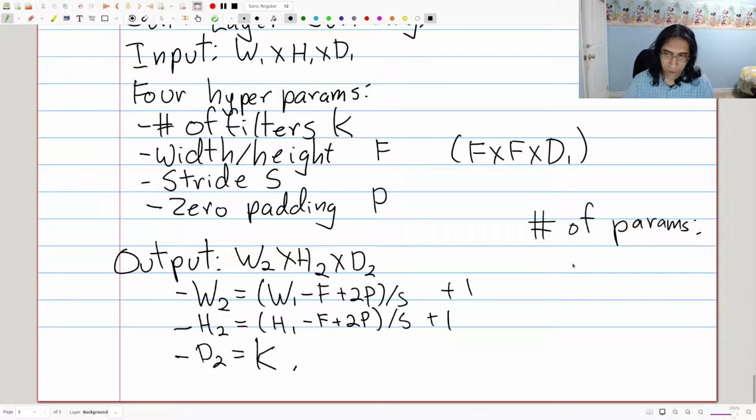It's not too hard to see, because there are k filters, and each is defined by f by f by d1 parameters.